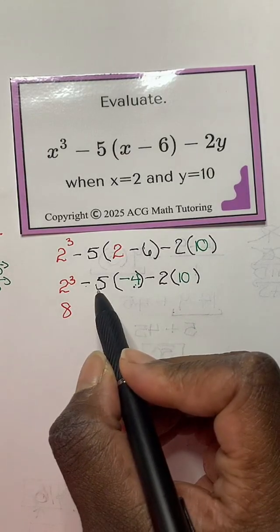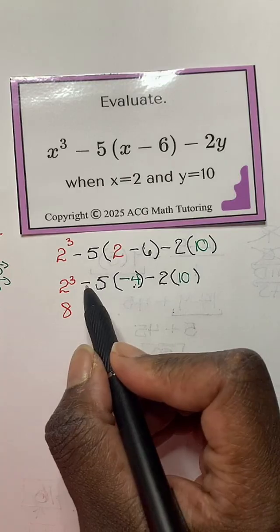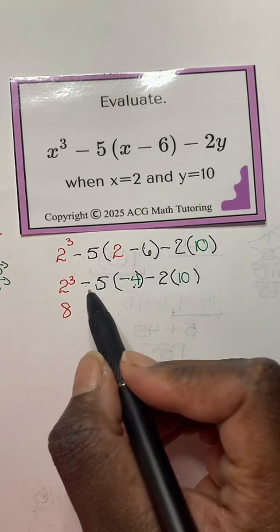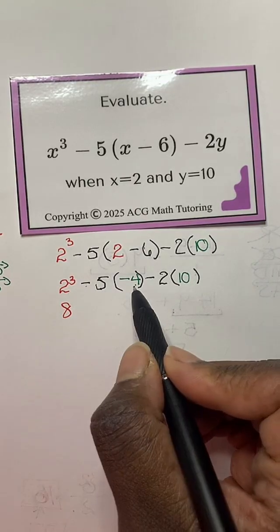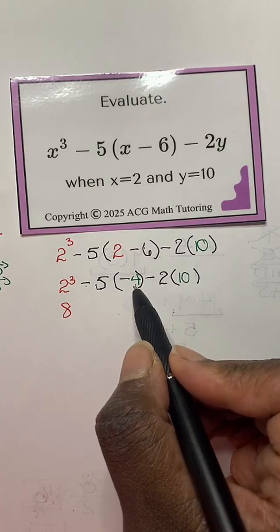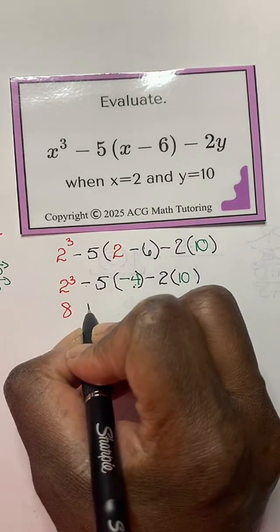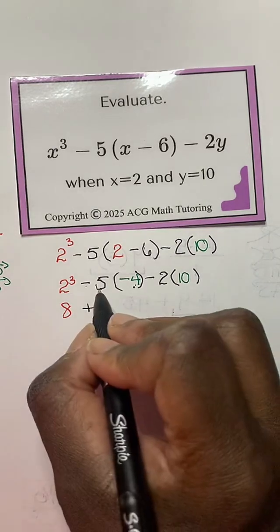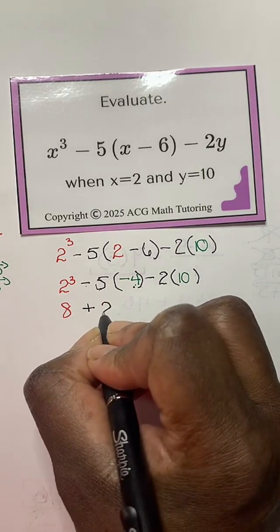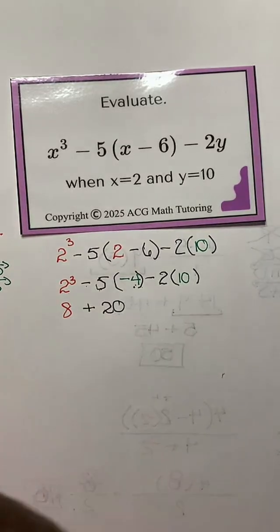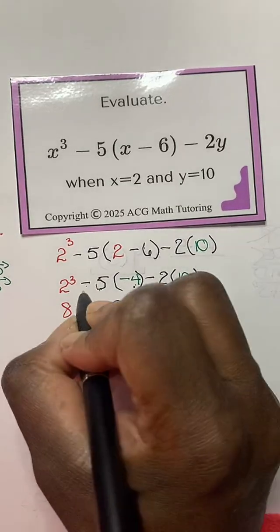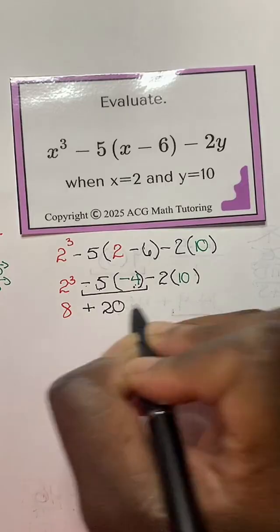So it's easier for me to see this as a negative than as subtracting, because I'm not subtracting the 5 to the negative 4, I'm multiplying. So when there are 2 negatives, that means it changed to a positive, and then 5 times 4 will give me 20. Okay, so that's the first set of multiplication we had to do.